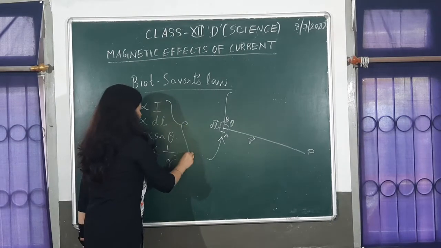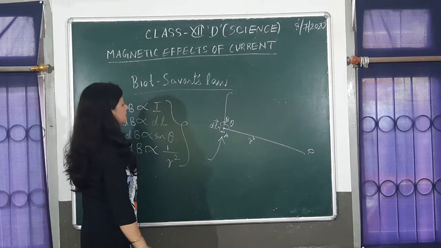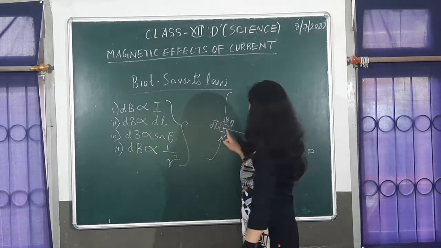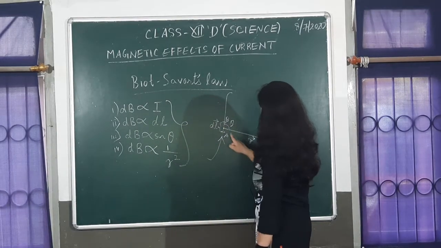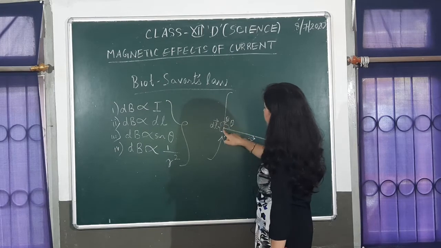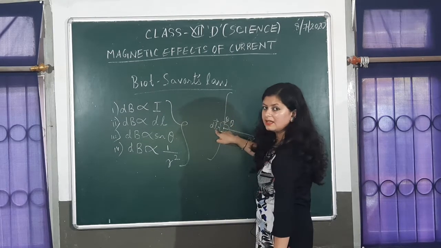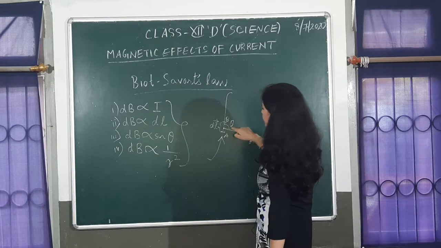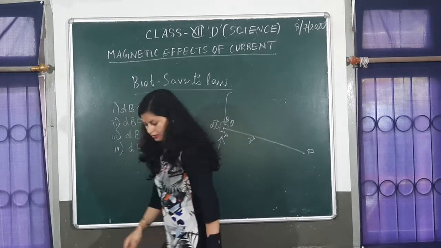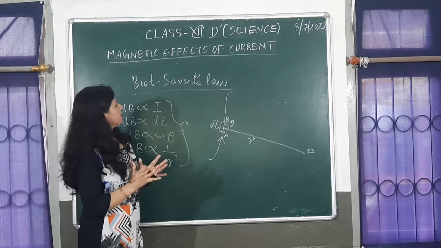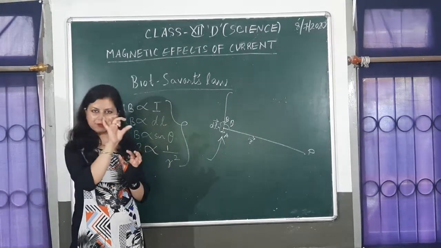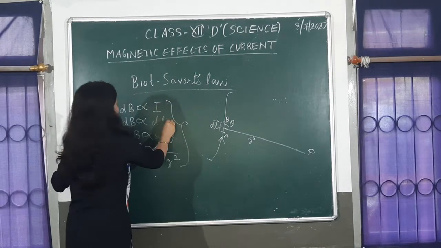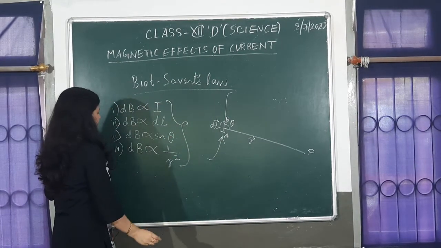These are the 4 factors which help you to find out the magnetic field induction at any point P at a distance r from a current element of length dl. The angle between the current element and r is theta. Now, to sum up, because it is a statement, it has to come down to one line. We are just going to combine all these 4 factors.